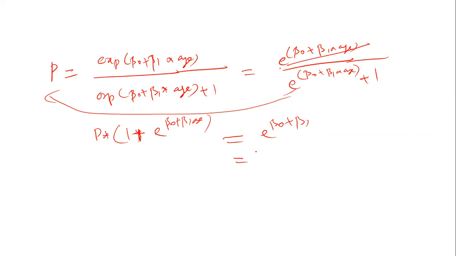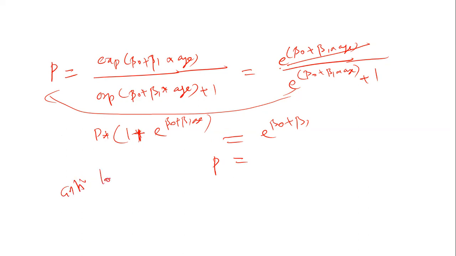And what is the next thing? The next one, what we are going to do is, here I'm going to keep only the p on the left side. And next, I'm going to take the anti-log on both sides.